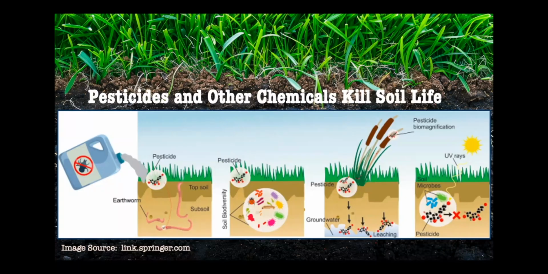Also, if your water table is high, which we're also going to talk about, that stuff can go right through into your water and come out in your well. My well is pretty deep, fortunately, but it can be a problem. And then I don't know what the UV ray thing is on that.